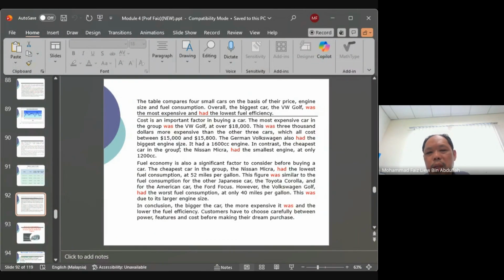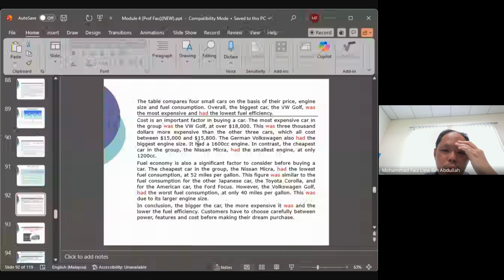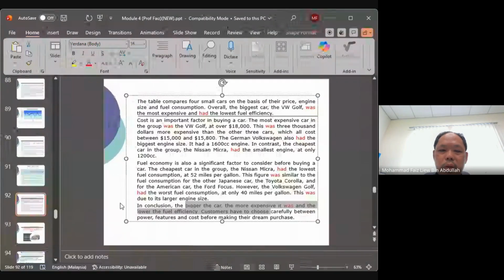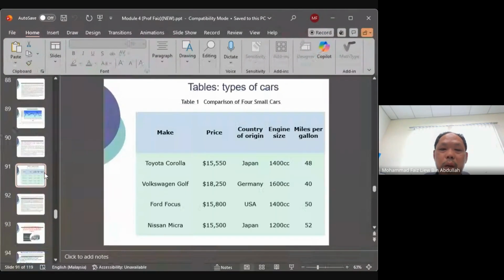These are all key points, data that can also be used to assist in writing your discussion. After that you comment on the field. It depends on what parameters you have in here. You have different parameters: price, country, engine, and fuel, so you can write 4 points already.